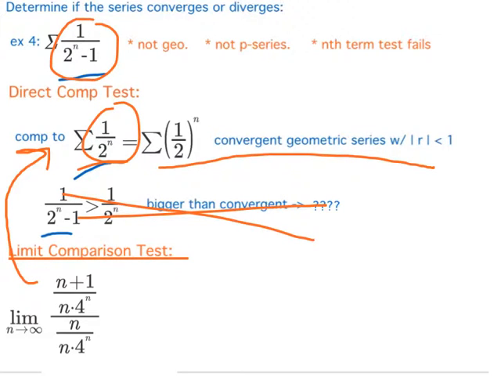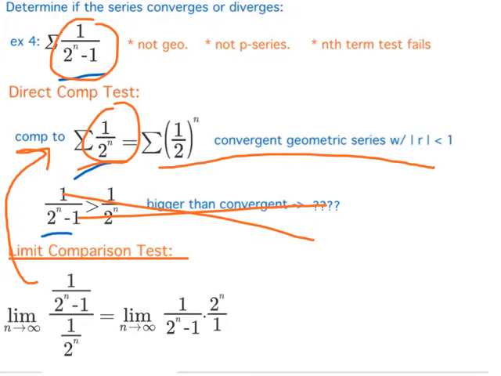So I'd have the limit as n approaches infinity of n plus 1 over n times 4. Oh, sorry, wrong one. Sorry about that. So the limit as n approaches infinity of 1 over 2 to the n minus 1, divided by 1 over 2 to the n. Simplify it, finish up your limit, come back to me. Okay, rewrite this way: instead of dividing by a fraction, multiply by the reciprocal.